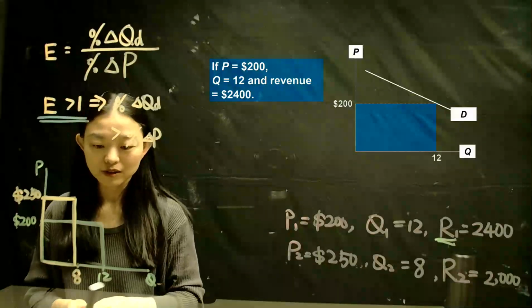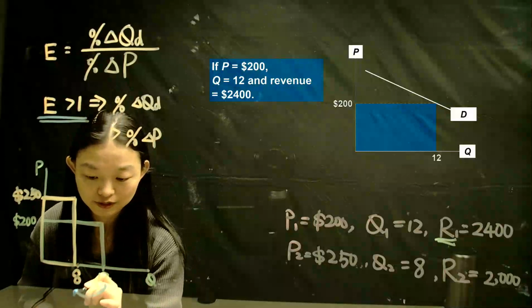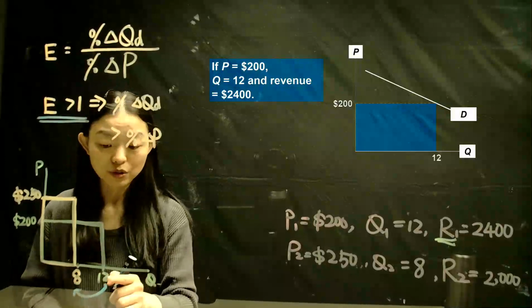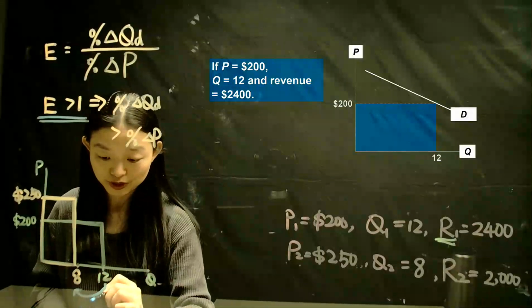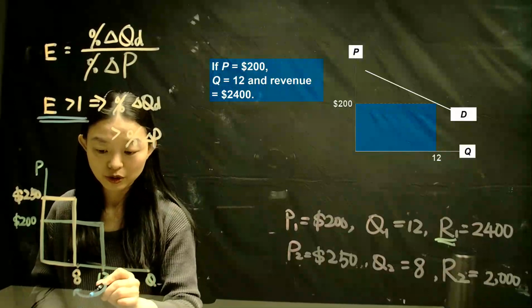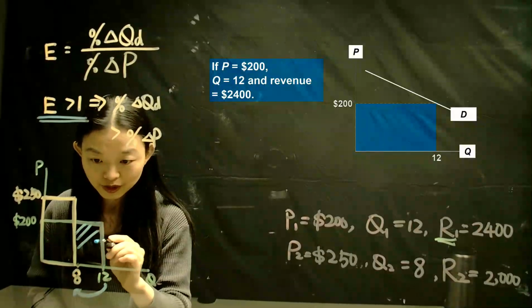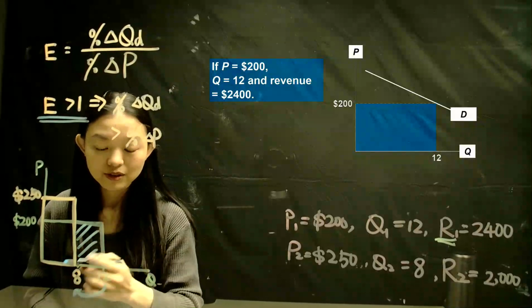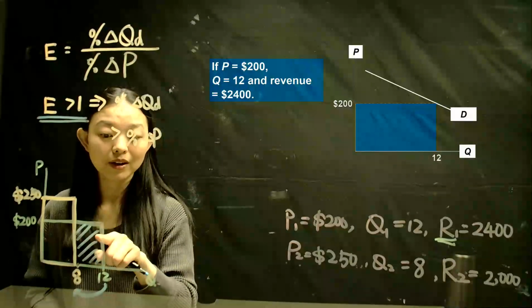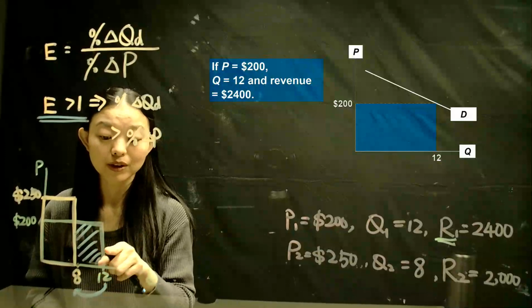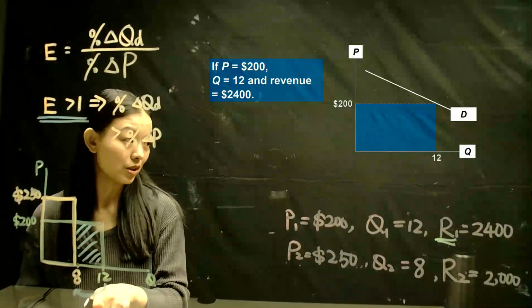You can imagine quantity actually decreased by 4 units. And this part measures the loss in total revenue due to the lower quantity being sold.